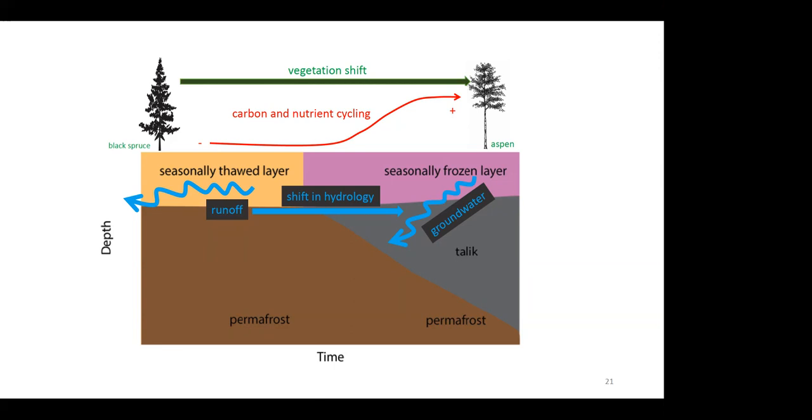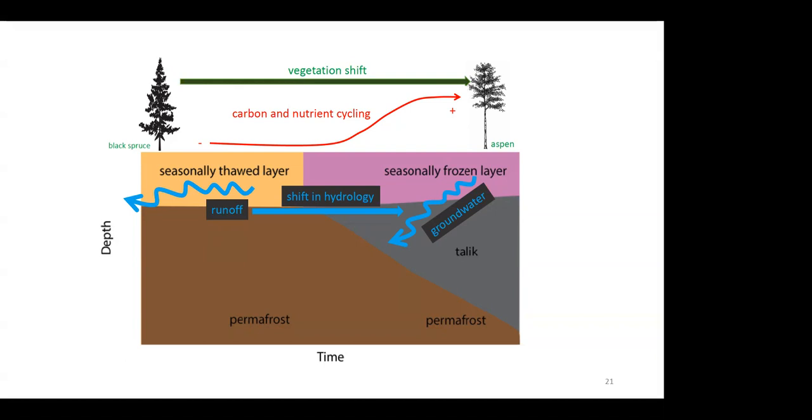Hi, yeah, I'd just like to echo that it was a really nice presentation. And then just 2 questions. One of them you kind of touched on in your discussion points. The other one, maybe you know the answer, maybe you don't. So for the taliks, when they refreeze and there's the seasonally frozen layer in the winter, do you have a sense of whether they could potentially become anaerobic while they're frozen?